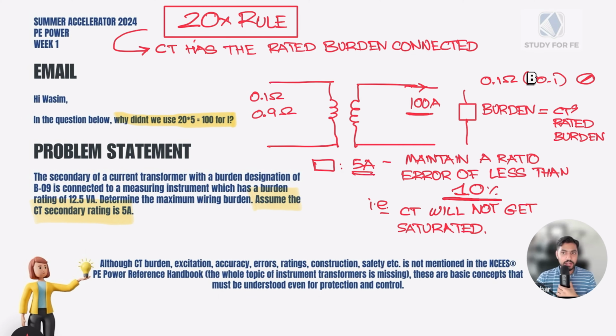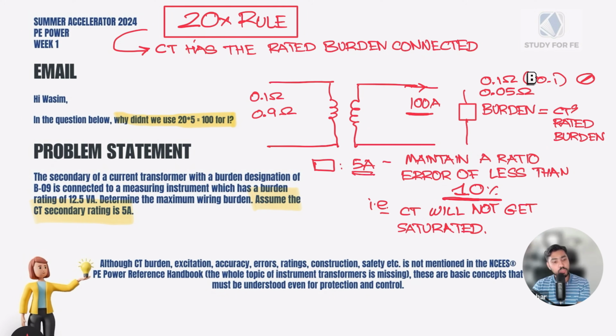And in contrast, if this is 0.1 rated, and I connect 0.05, so half the maximum, then what will happen? Can I pump more than 100 amps in order to maintain 10%? Yes.